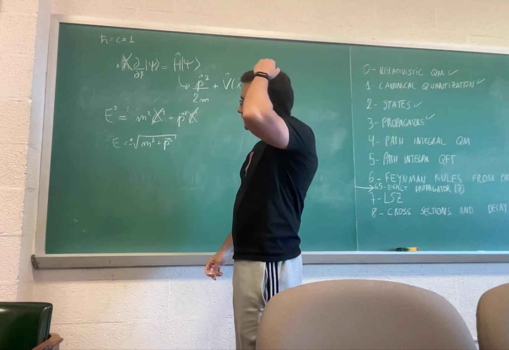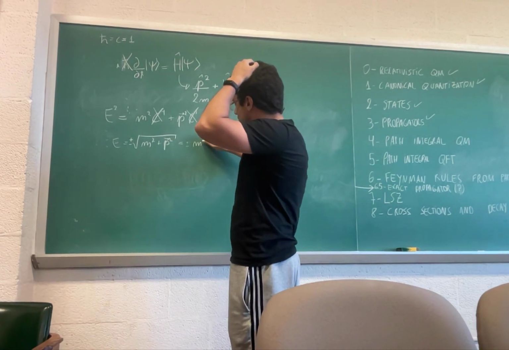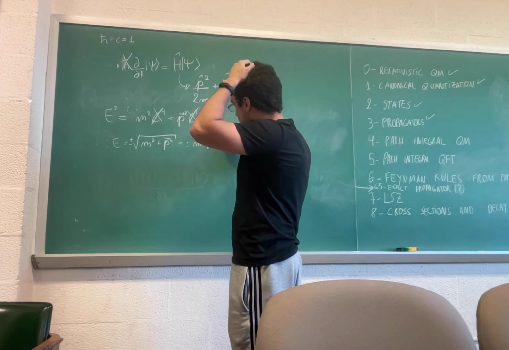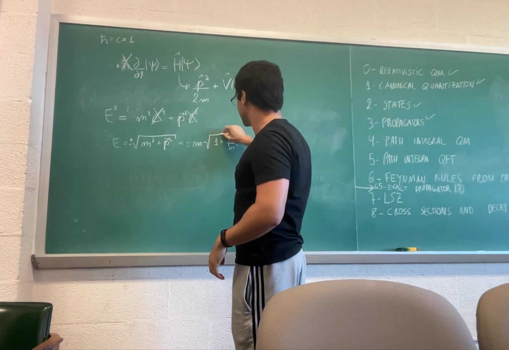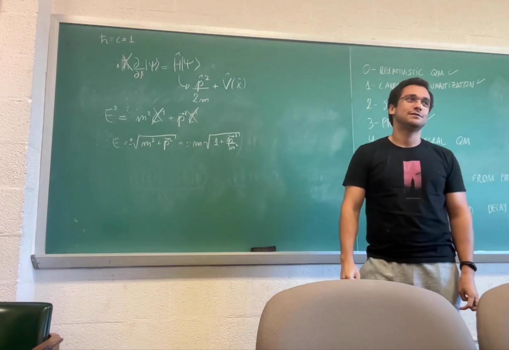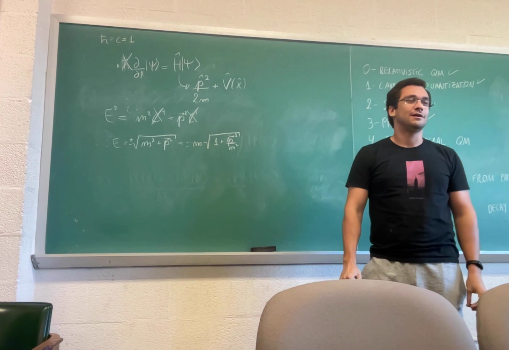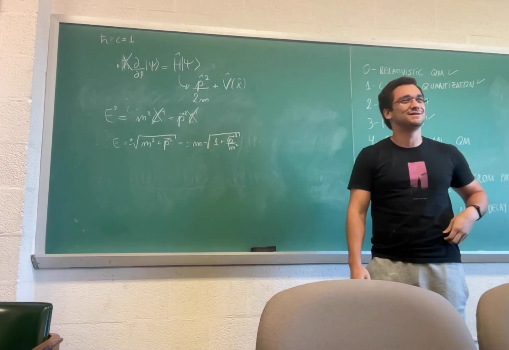So what we can do is just hold the factor of m out and do a Taylor expansion, just like we did before. You guys remember that? I don't remember the names of these.